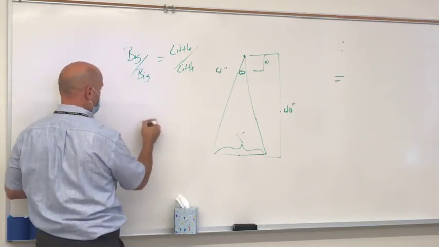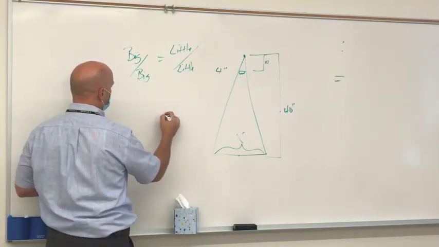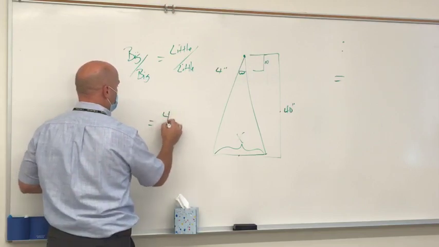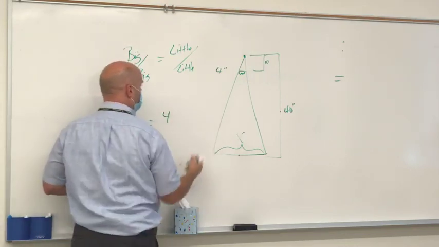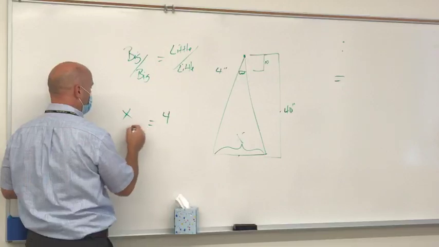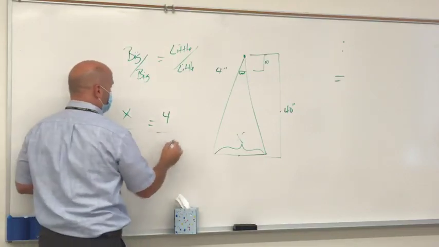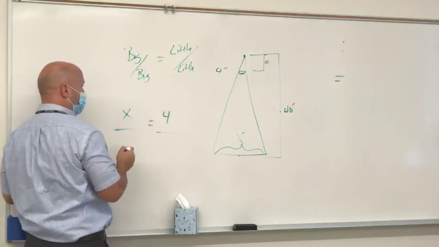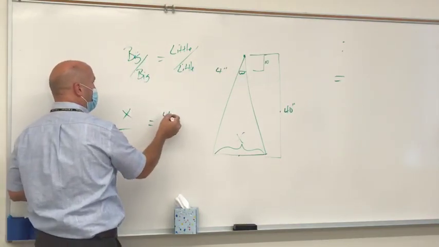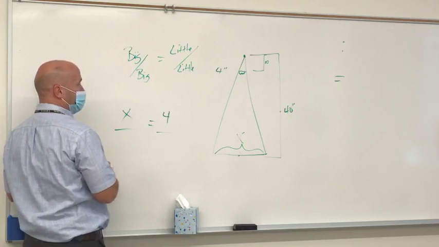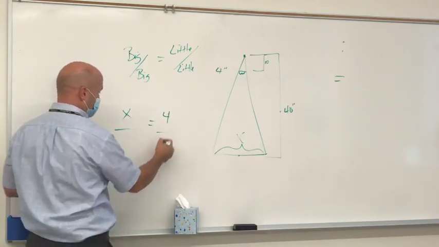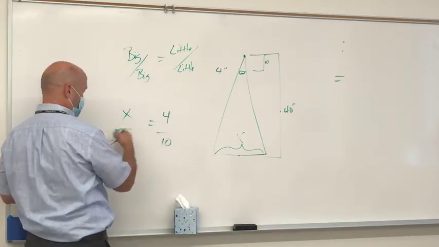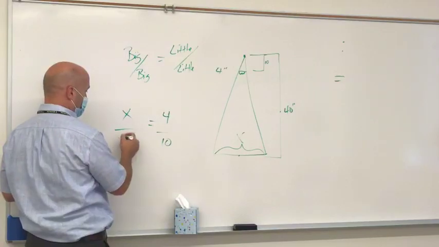So we'll just do it like this. 4 is equal to, and what am I going to put across from the 4? X. So those are my big and little for that. Now I need a little measurement in the opposite dimension. So what's that going to be? 10. 10 is equal to, what's going to go right across from that? 40.